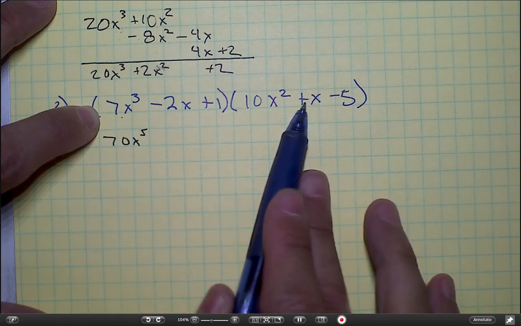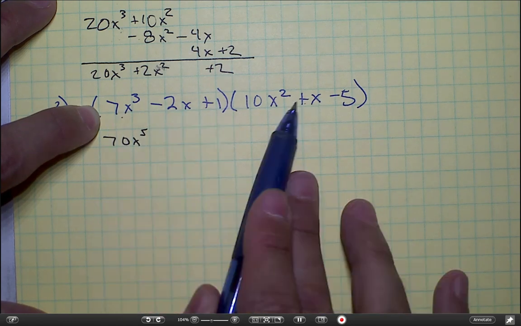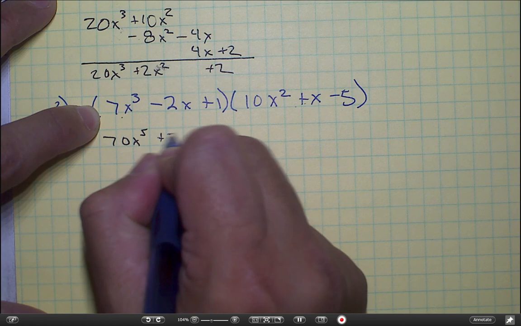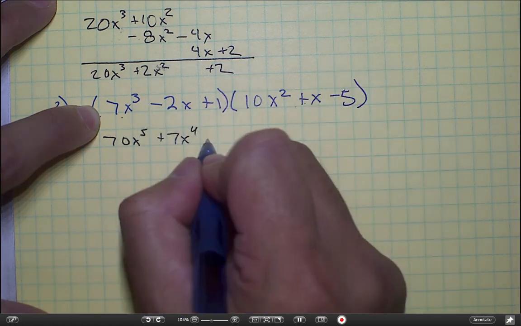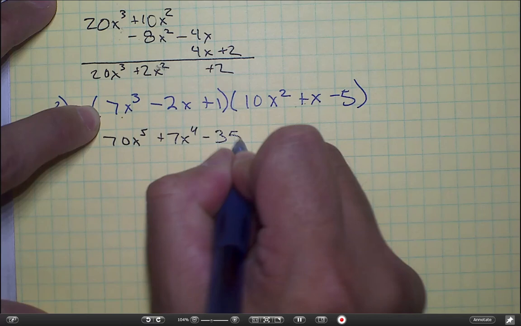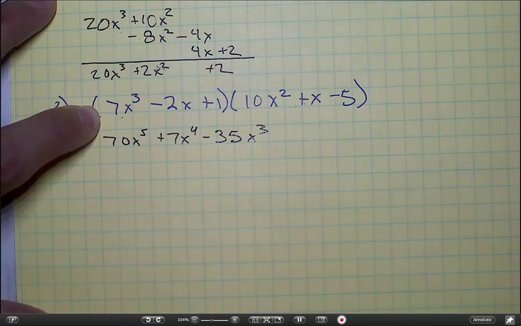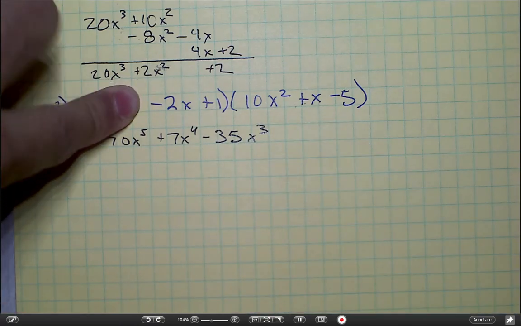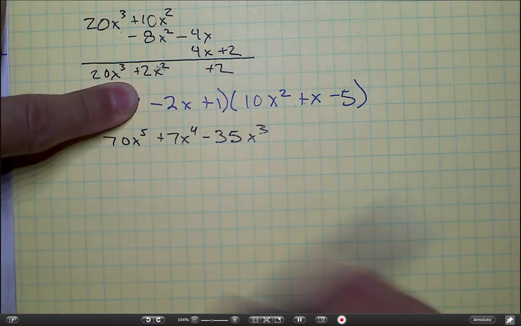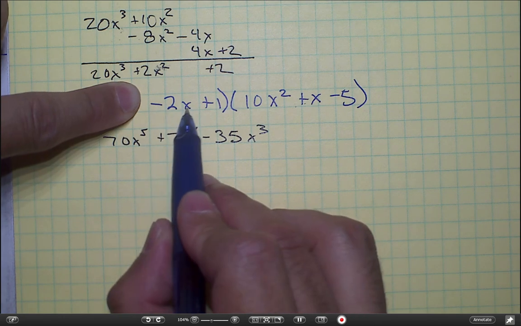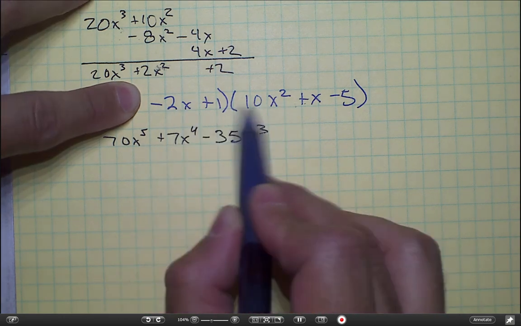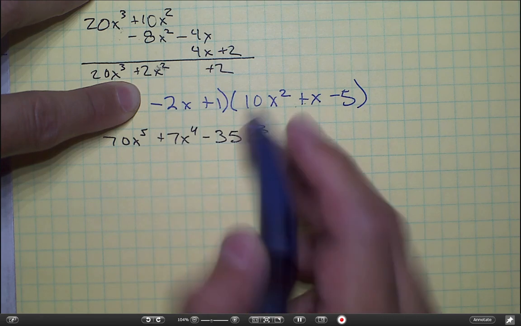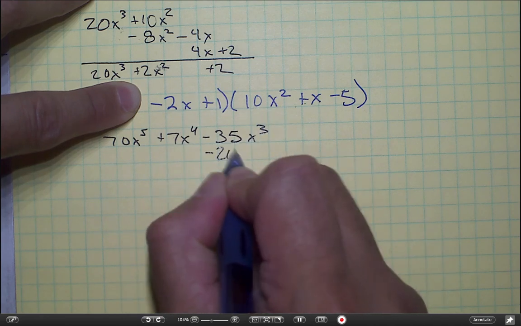Okay, next one is going to be plus 7x to the 4th, and then minus 35x cubed. So I'm done with this one, so I'm going to cover that one up. Next one, I'm going to distribute a negative 2x times this, so it's going to give me a negative 20x cubed. So that lines up right here.